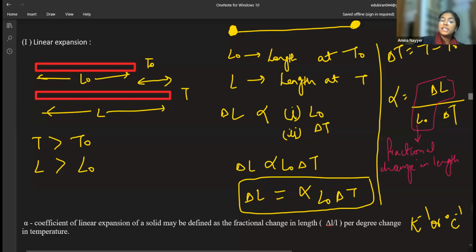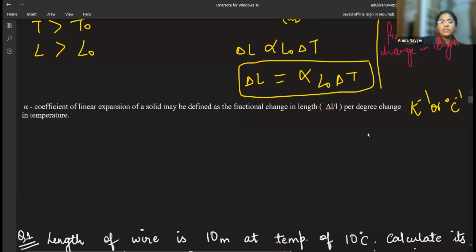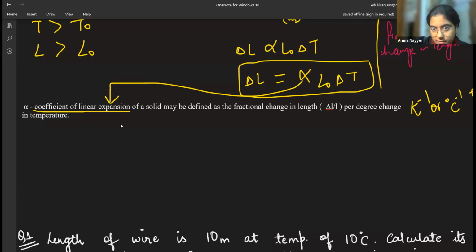So alpha is the coefficient of linear expansion. Understood? Fractional change in length means change in length by the original length, per unit degree change in the temperature.